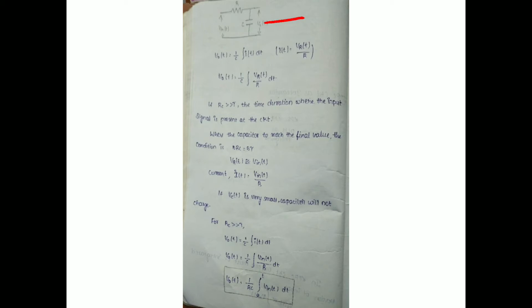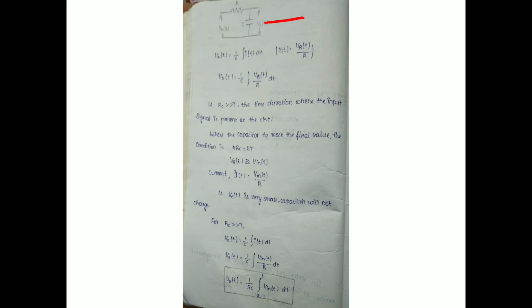Here we have different timing responses, that is RC less than T, RC greater than T, and RC equal to pi tau. If we are applying the time constant RC greater than T, the signal is present in the circuit itself.